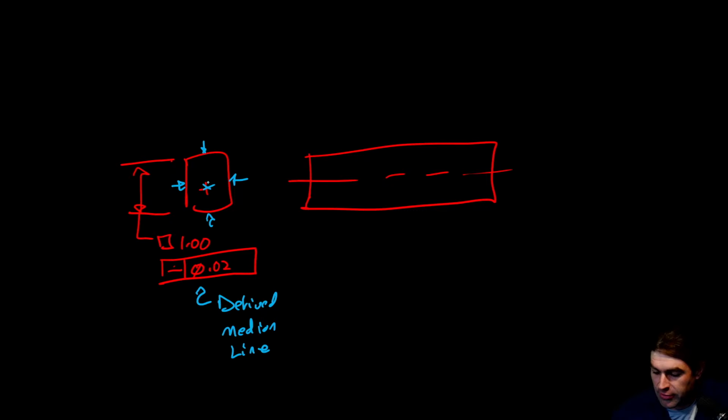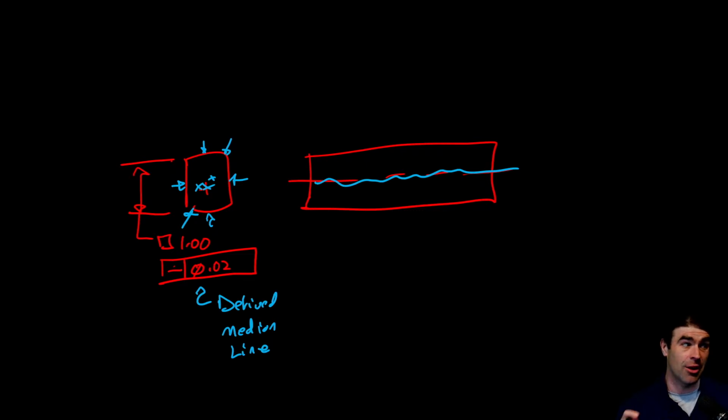So we check two spots on the outside, find the middle. As long as the shape has an even number of sides, like a square or an octagon, we can establish a derived median line from that feature. So as far as I know, it's not against the rules of nature. It may be against ASME's rules, but not against the rules of nature.